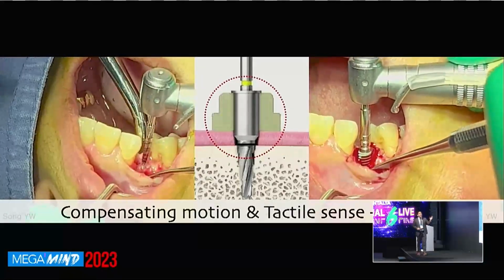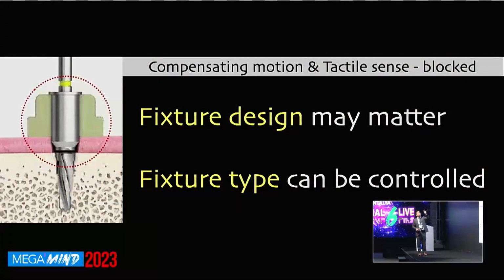Since these two important factors are blocked, I would like to say the fixture design and fixture type can be a very crucial factor that we should control during the surgery.